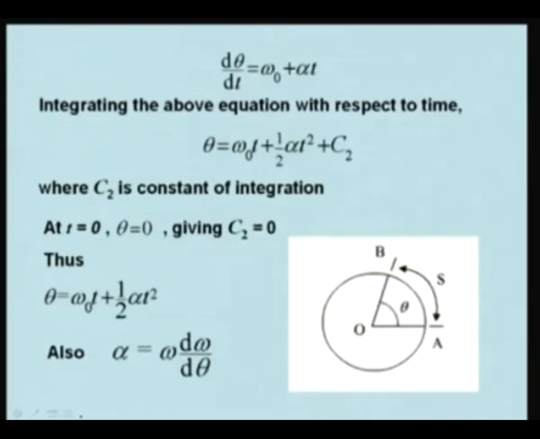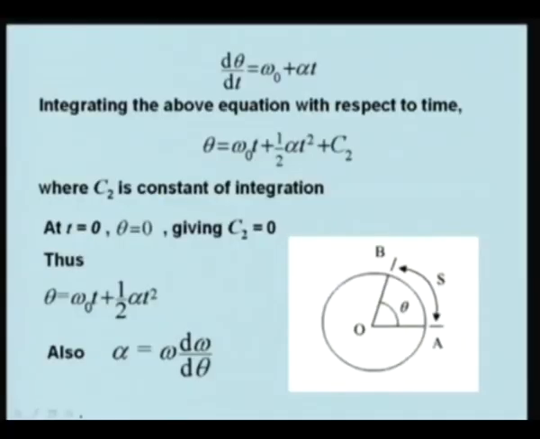Now once we have established that d theta by dt is equal to omega 0 plus alpha t, now we integrate the equation with respect to time and say theta is equal to omega 0 t plus half alpha t square plus c2.